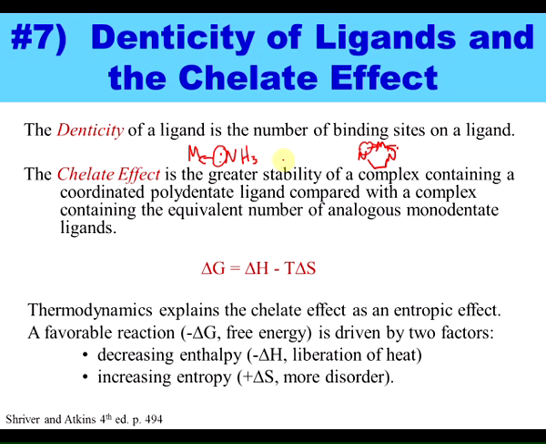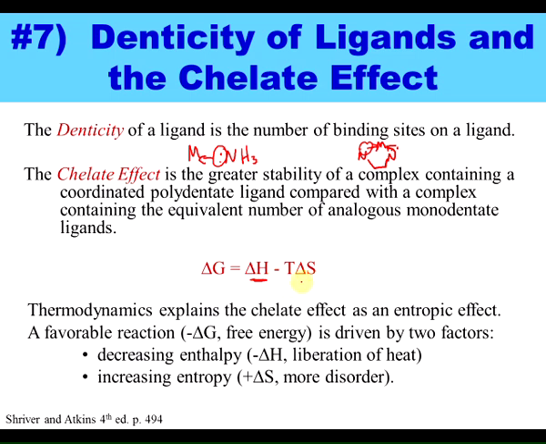And we can use thermodynamics to explain the chelate effect as an entropic effect. So let's go back to our example here. If we're using an amine ligand and an ethylene diamine ligand, we would expect the enthalpic effects to be very similar because they're both nitrogens donating electron density to the metal. So we expect the enthalpy terms to be very similar.